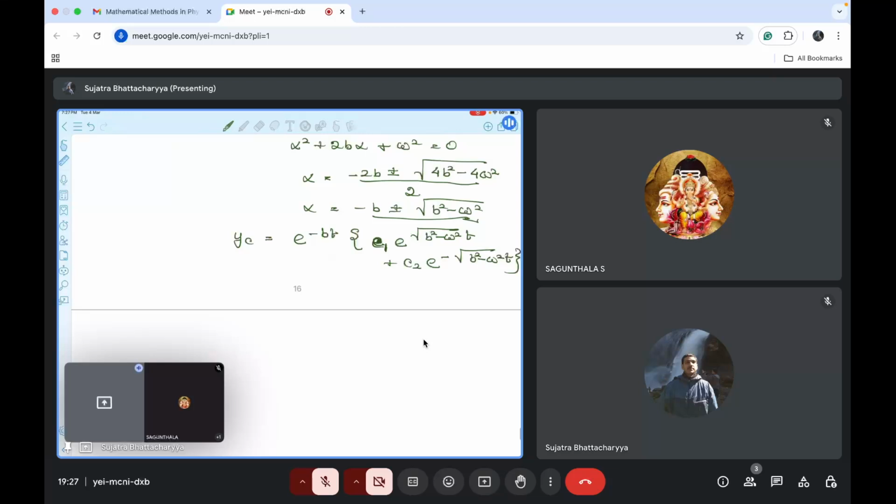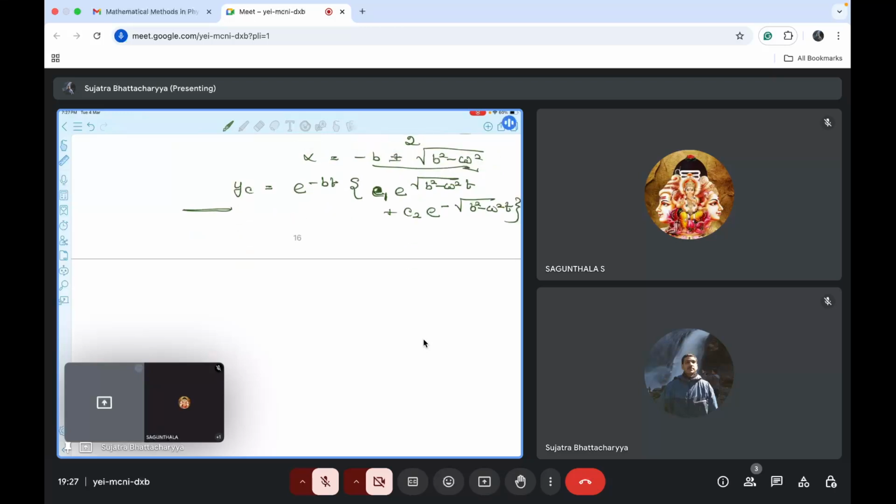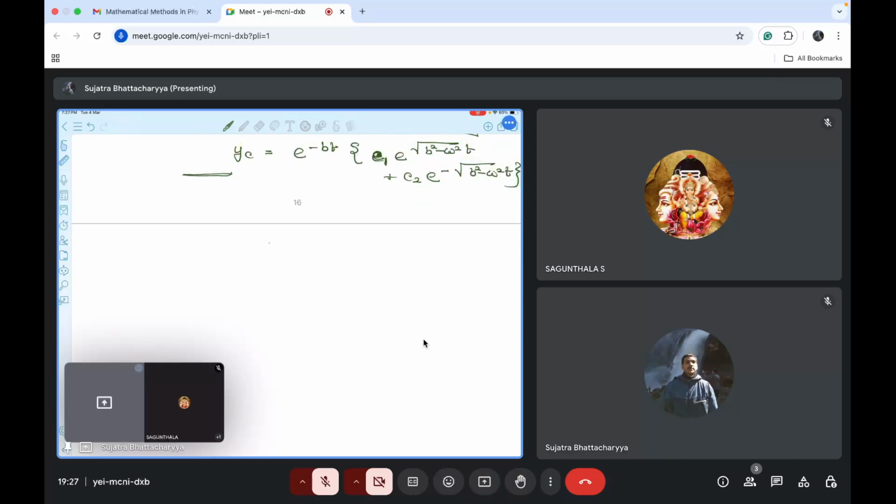We have seen several cases for the homogeneous equation complementary function: the overdamped case, underdamped case, and critically damped case. But when you have a forcing frequency, forced oscillation, you tend to go towards the concept of resonance. So we need to find the particular solution.